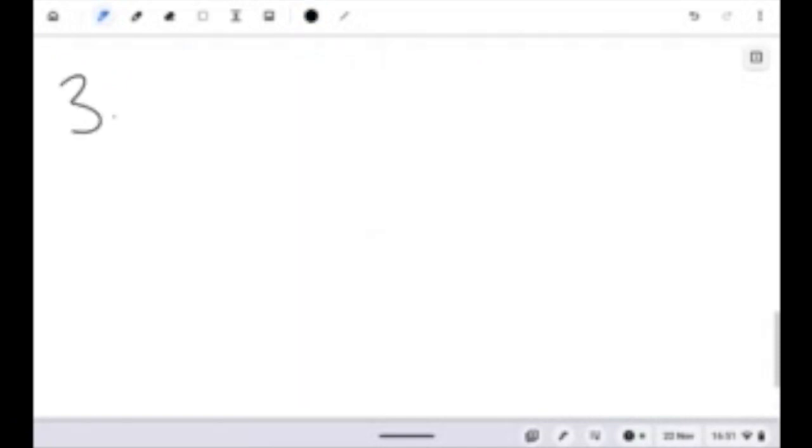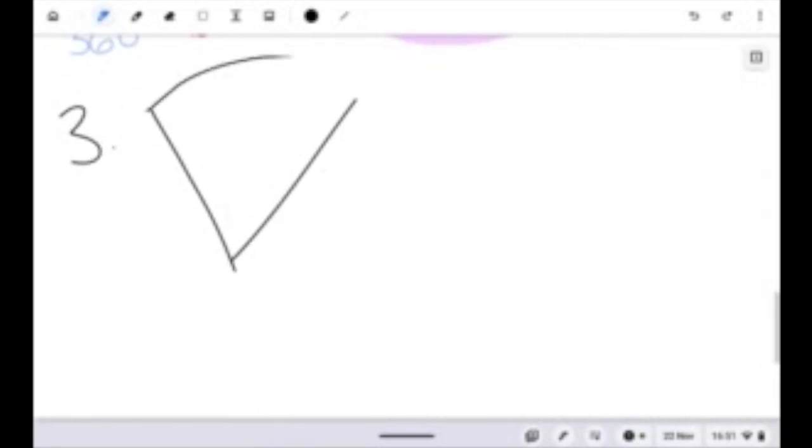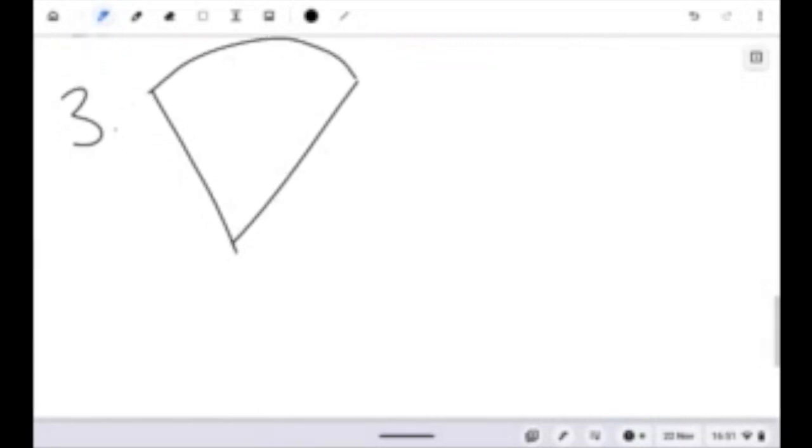Question 3. Now this is going to be slightly harder. This is the hardest question of the day that we're doing. I have 2 centimeters and I have an angle of 45 degrees.